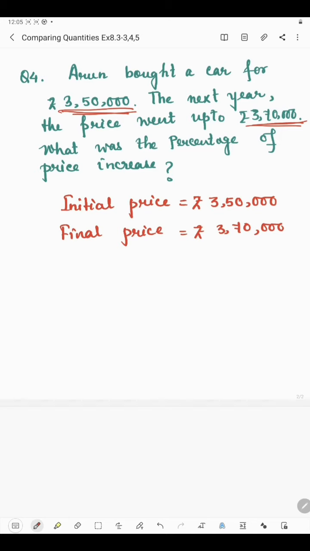So we'll write price increase. How to find the increment in price? We will find the difference of these two to get the price increased. Now we'll write the bigger one at first.